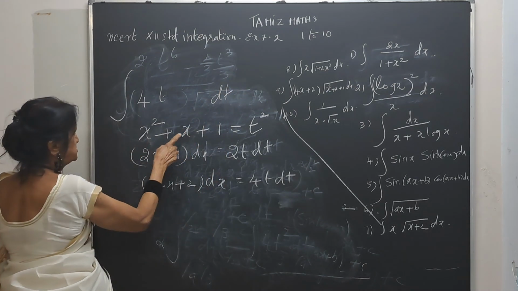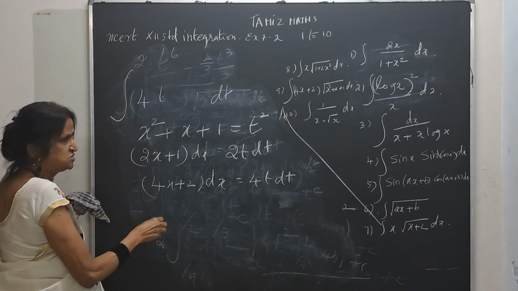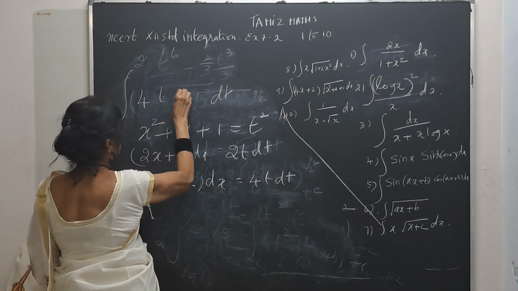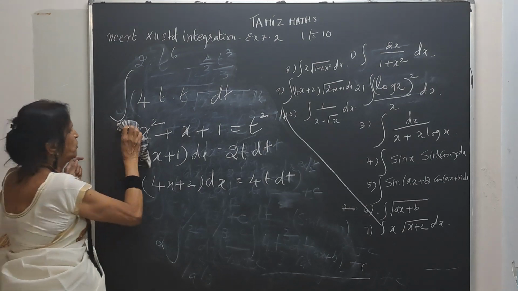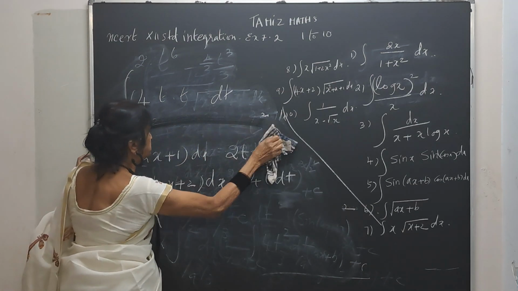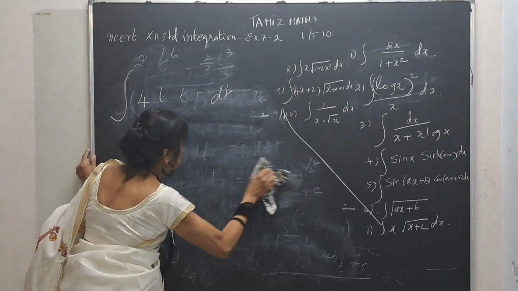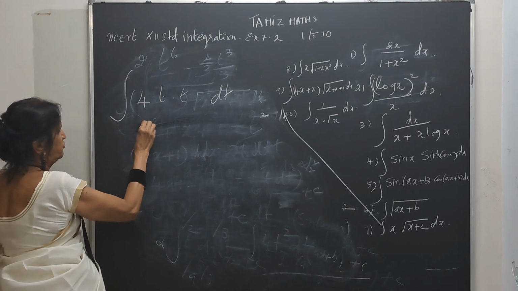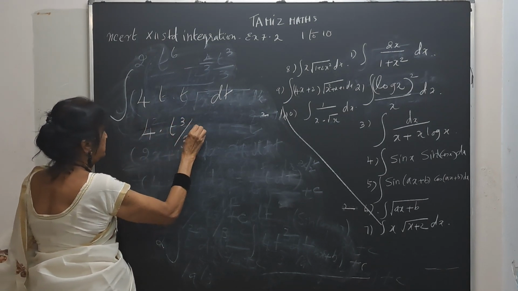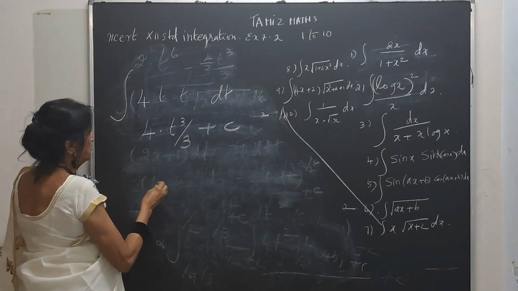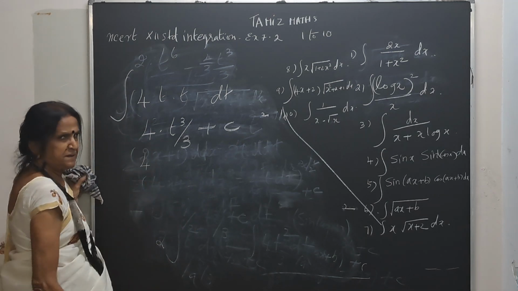And what is this? Root was there, no? So that will be again t. So it is 4t square. Now you integrate this 4t square. What will be that? 4 t cubed by 3 plus c. What will be t?